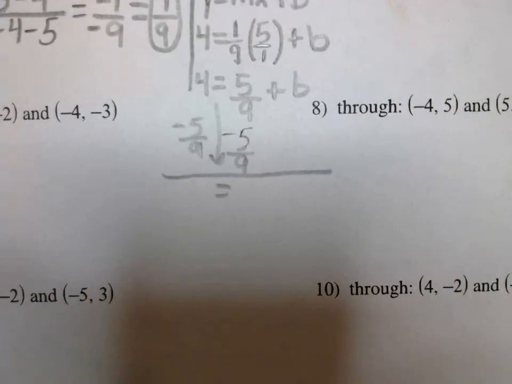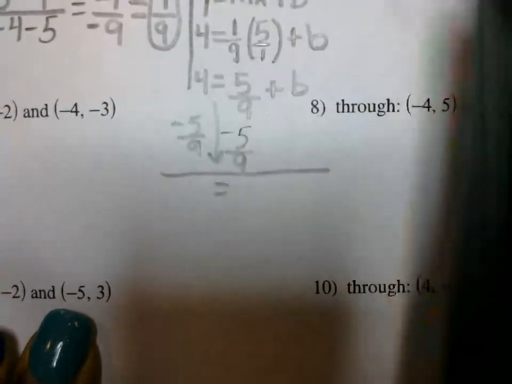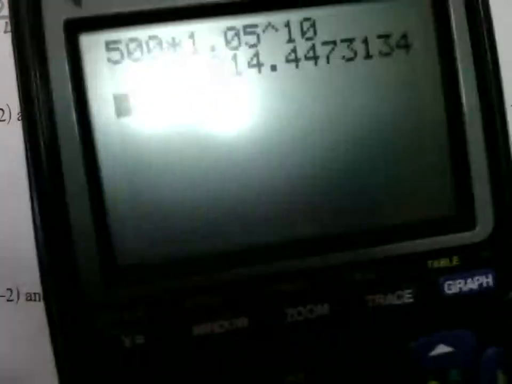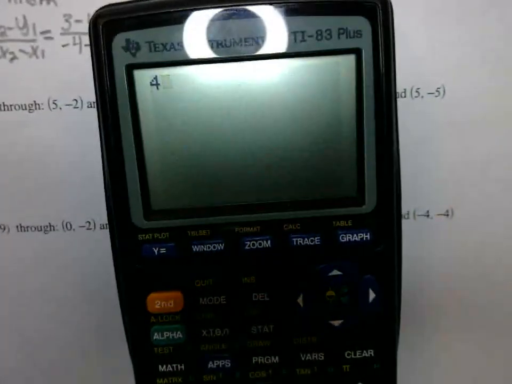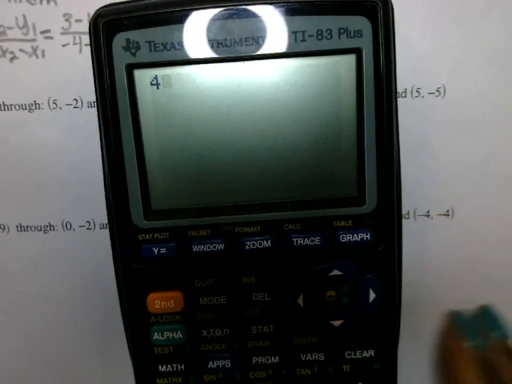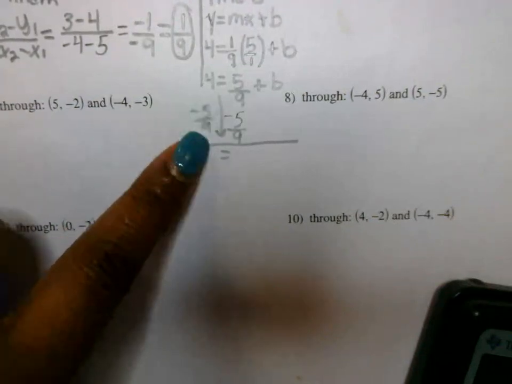All right, remember how we type this in our calculator? How do we type in a fraction in our calculator? Using parentheses. So let's turn it on. We're going to type 4 first. Then we're going to type minus the fraction 5 over 9.